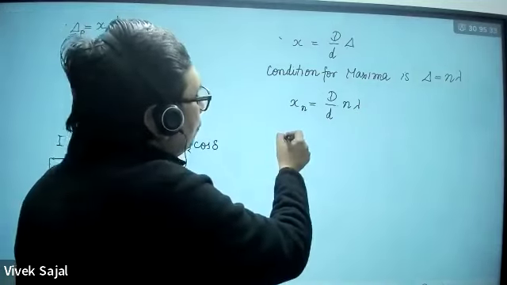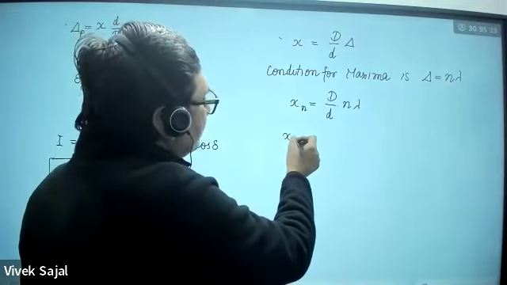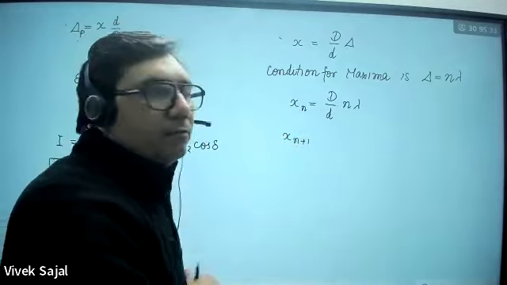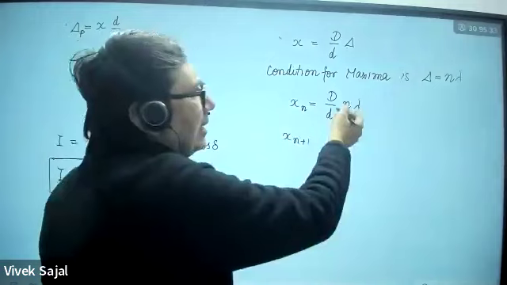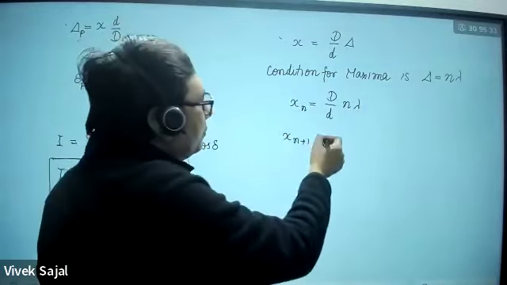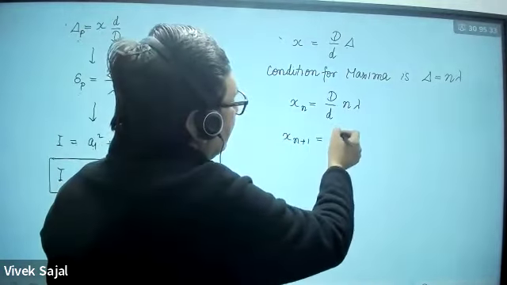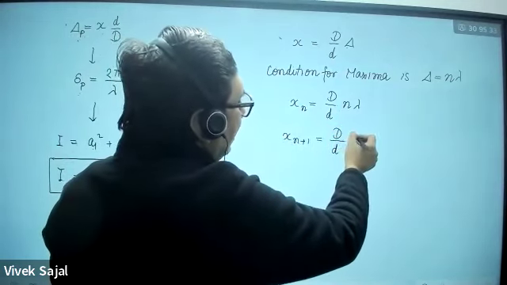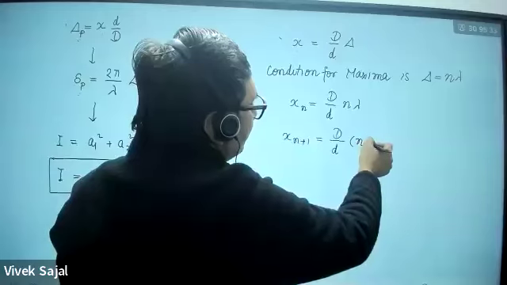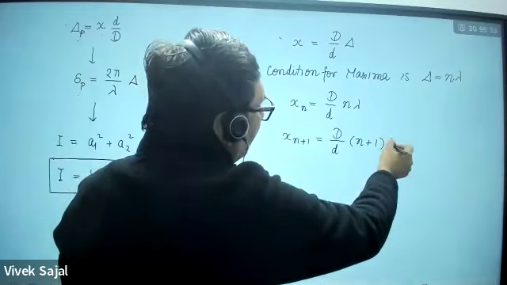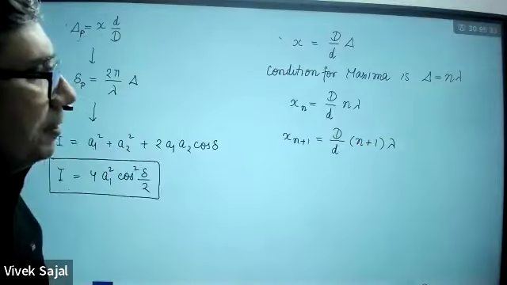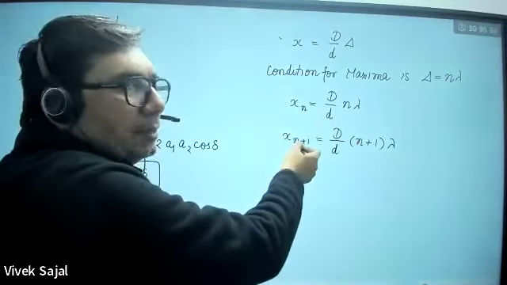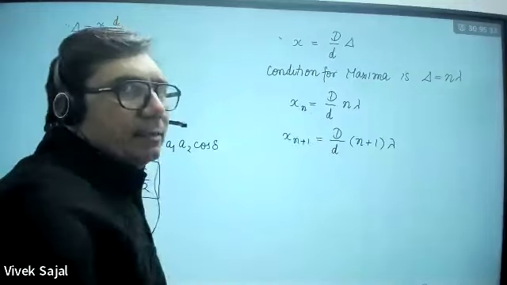Now, if I ask you to find the distance of the n plus 1th maxima from the center of the screen, then n will be replaced by n plus 1. So this will be D by d times n plus 1 lambda. Now, what will be the separation between two successive maximas, n plus 1 and n?